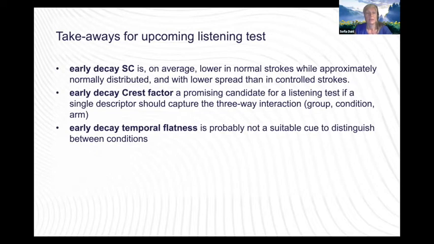On the other hand, the early decay phase of the Crest factor could be a promising candidate to distinguish between all the things that we included. So the 3-way interaction: the group, condition, and the arm, the dominant and non-dominant arm. Whereas the temporal flatness in the early decay phase was less suitable, at least to distinguish between the 2 conditions.